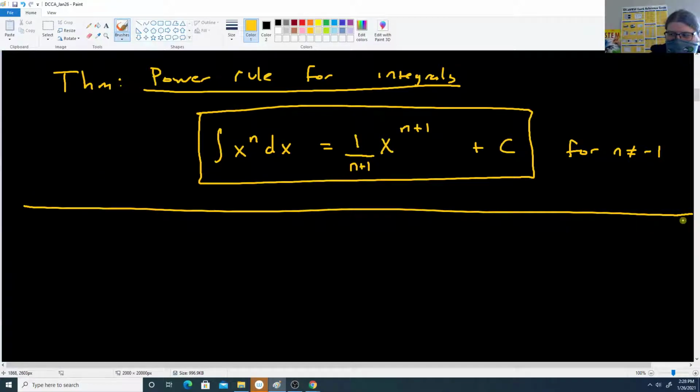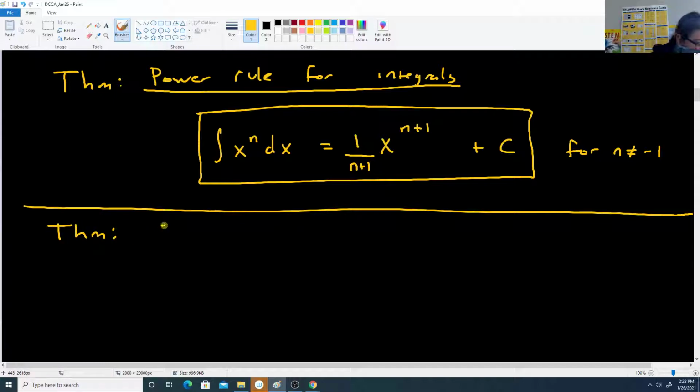So we'll look at a couple examples from the book of this. And actually, I guess we'll write down the next theorem, then we'll look at a few examples.